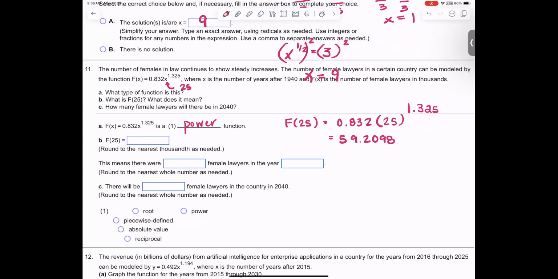And they tell us to round it to the nearest thousandth. So to the nearest thousandths means we're going to round off to this decimal place here. So since the 8 is bigger than 5, we're going to round the 9 up. But when we round the 9 up, we have to round the 0 up. So this is actually going to be 59.210?